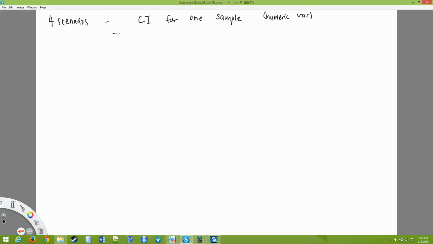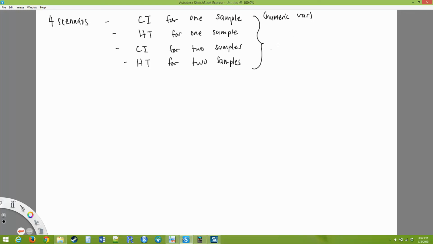Then we've got a hypothesis test for one sample. Again, numeric variable. Confidence interval for two samples. And then we also have a hypothesis test for two samples. And they're all numeric variables.